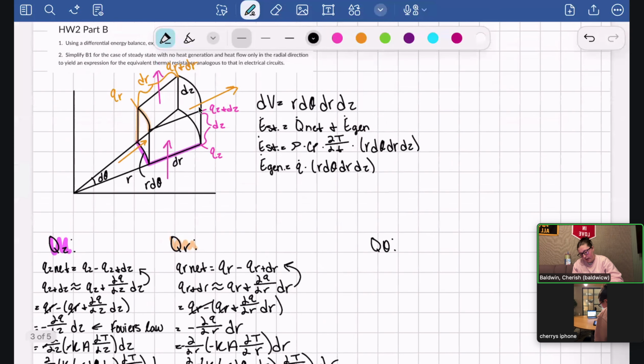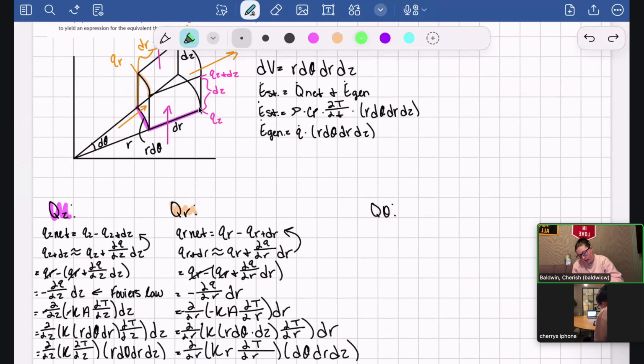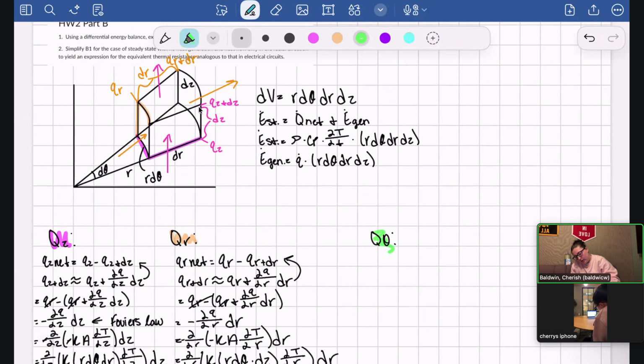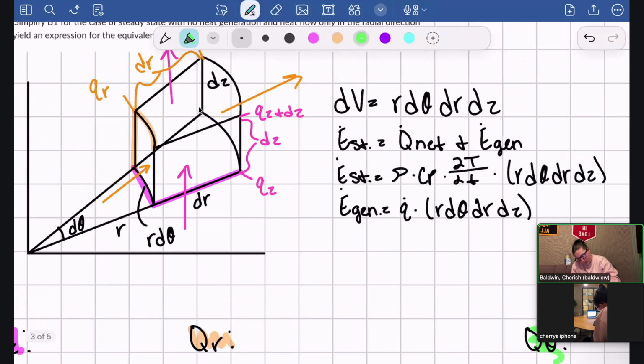So now we're going to calculate Q theta, like I said, and that goes through this plane and out this side. So we're going to call this Q theta, and then this side Q theta plus d theta.